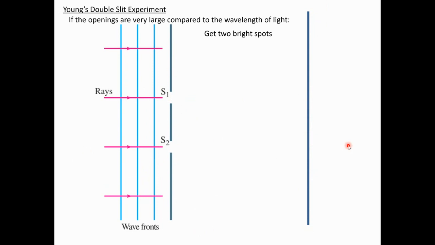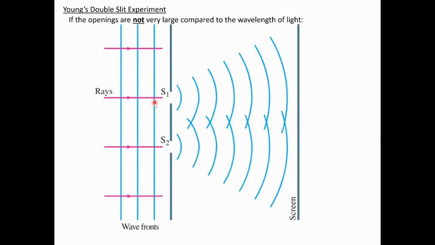If the openings are very large compared to the wavelength of the light, then that's what happens. You basically get two bright spots here and here. What's interesting is if the openings are not very large compared to the wavelength, the distance between these blue lines, then when the wave fronts emerge from the slits, they bend, as if you had dropped a stone into a pond of water, and you get a wave like this.